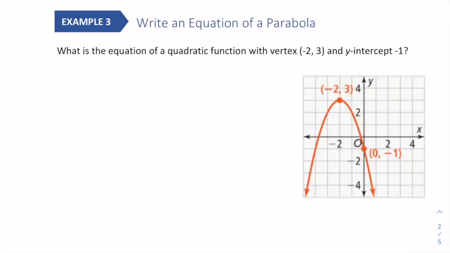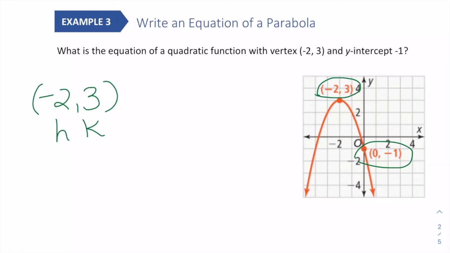To write the equation of the parabola, we need to be given at least 2 points on the parabola. So here we're given a point, which is the vertex. And we know the vertex has the letters h, k. And we have one more point over here, the y-intercept.